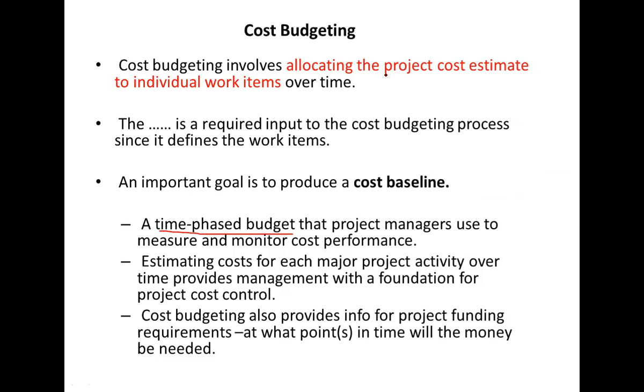Okay, after we do this budget allocation, the cost baseline would show you not only the amount of money allocated for each and every activity, but also it would relate to the timeline of the project. Okay, it's a time-based budget that project managers use to measure and monitor cost performance.